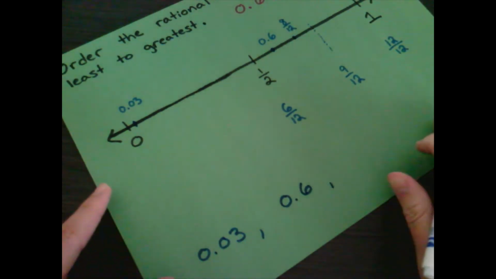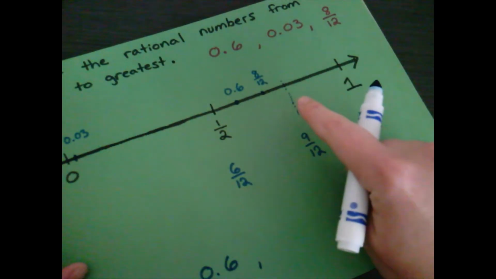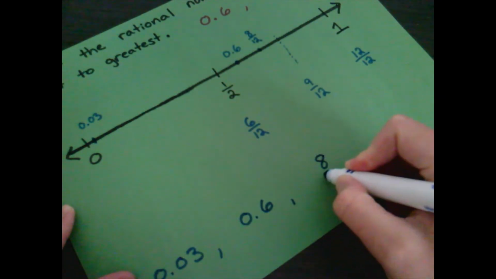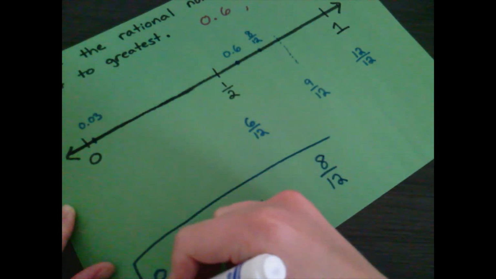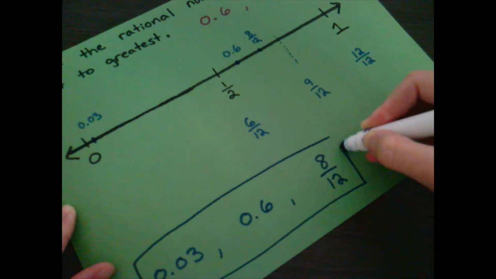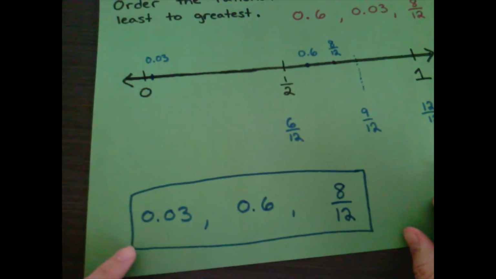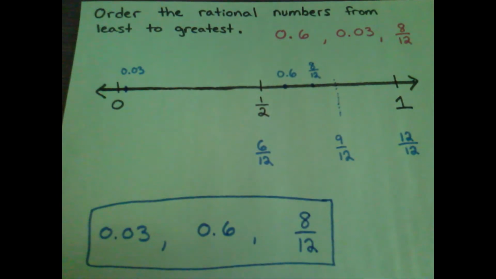And our last number, going in ascending order, is going to be 8/12. So using benchmarks, we were able to determine our ascending order for these numbers.